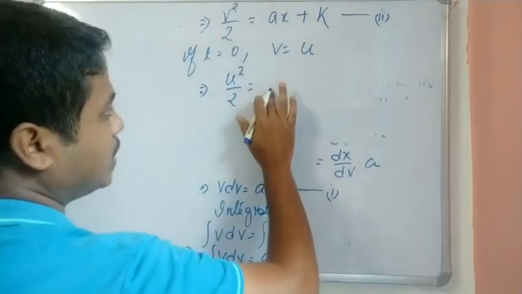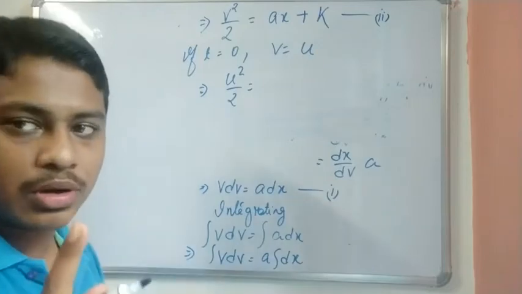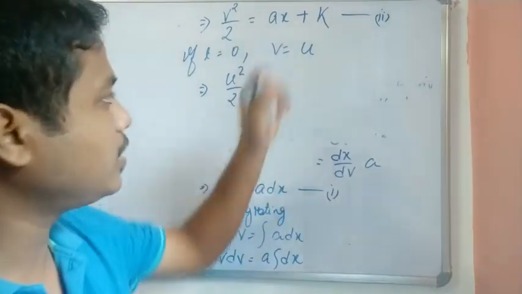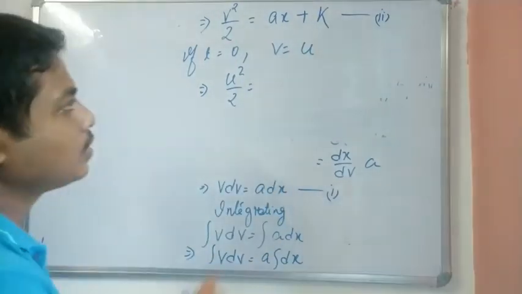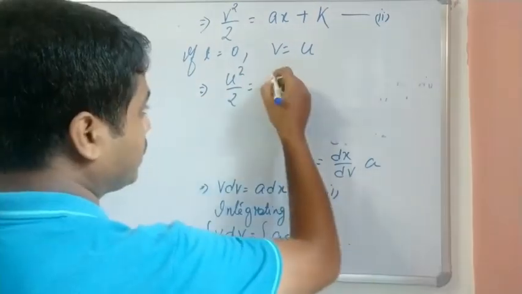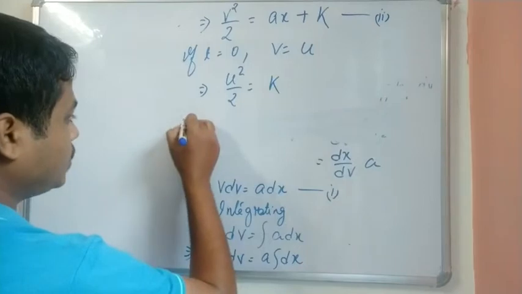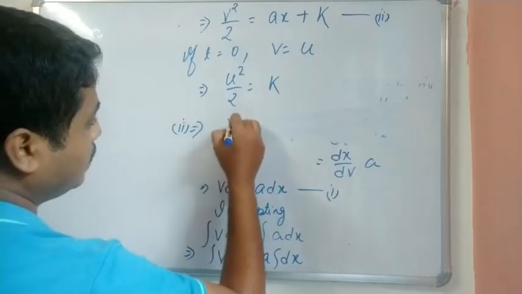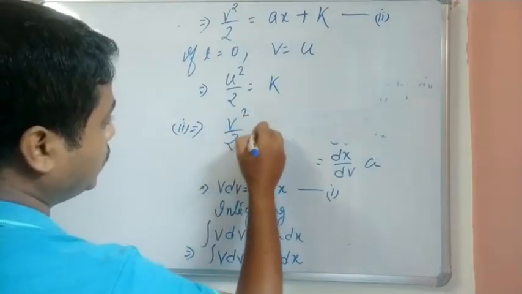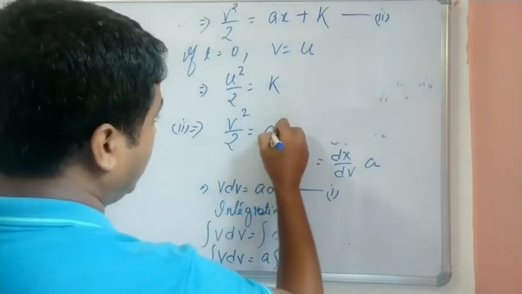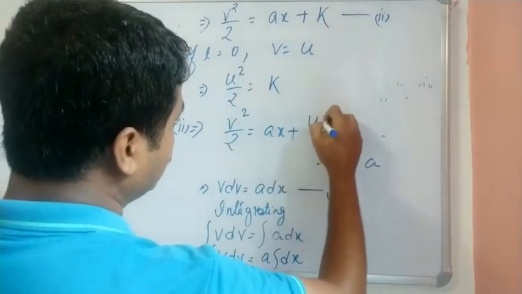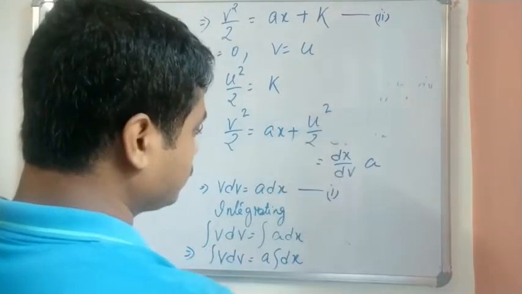The ax term will be considered as 0 because at t equals 0 your displacement will be equals to 0. So your k will be equals to u square by 2. So equation 2 implies v square by 2 equals ax plus u square by 2.